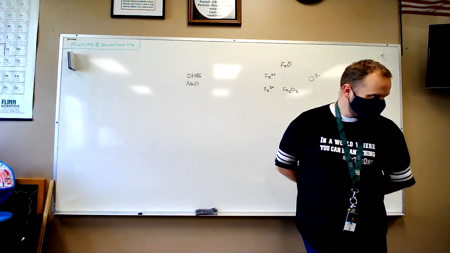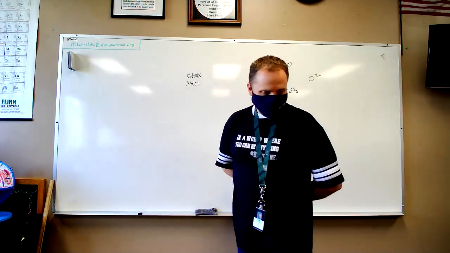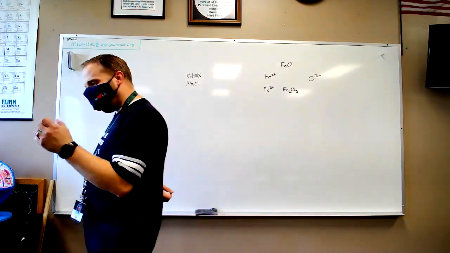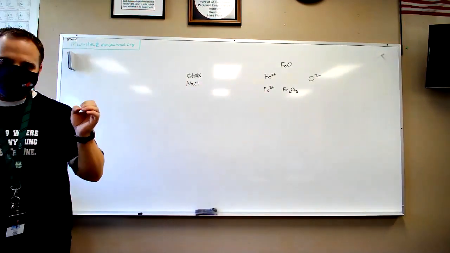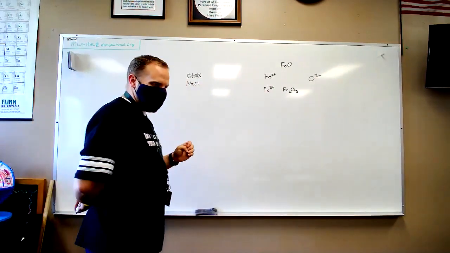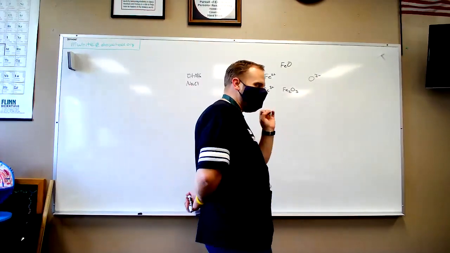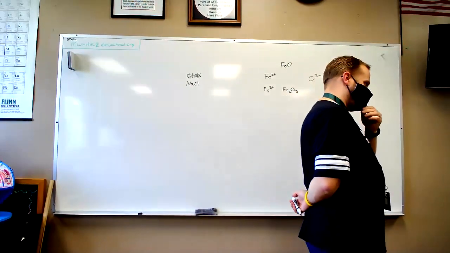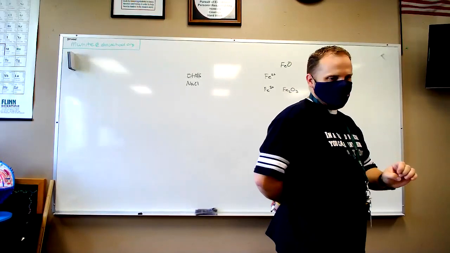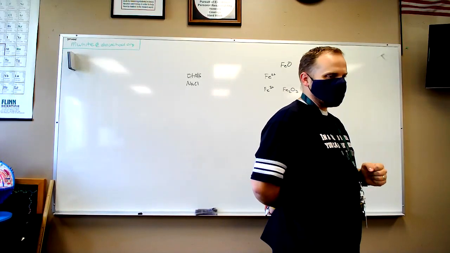So if you look at page 221, we have these groups of atoms that are stuck together, but they are actually bonded together with a type of bond that we haven't talked about yet called covalent. We'll get to that after the test.